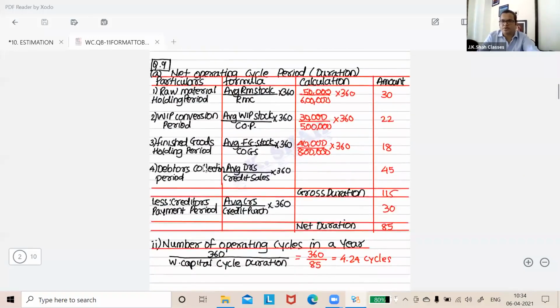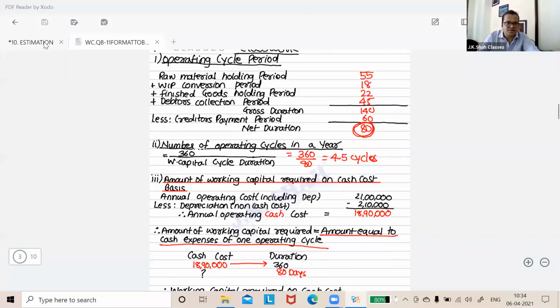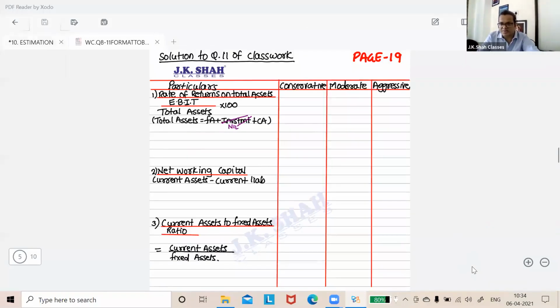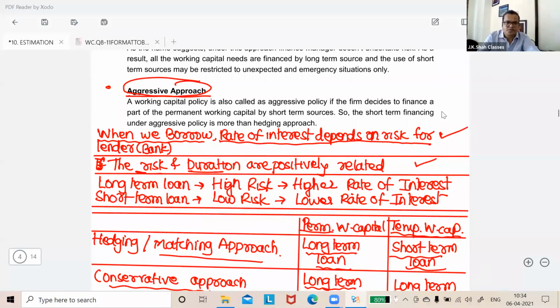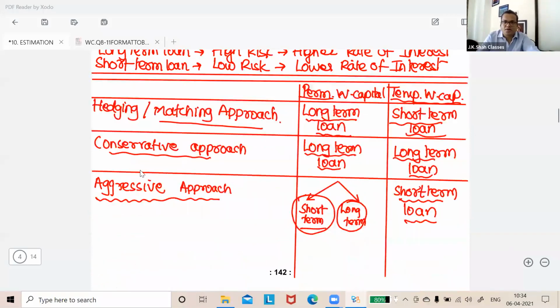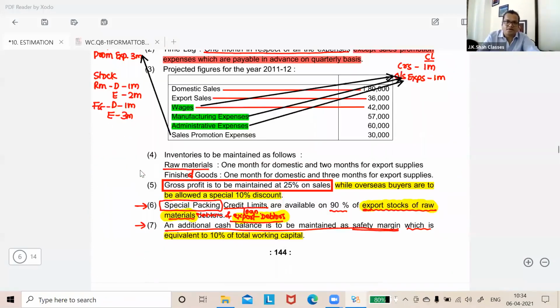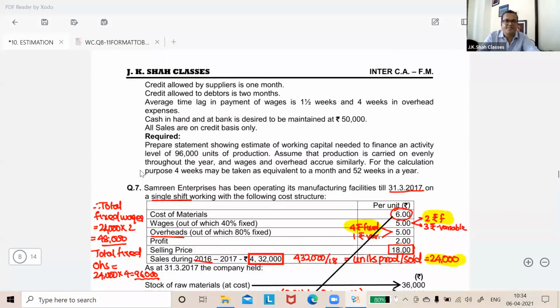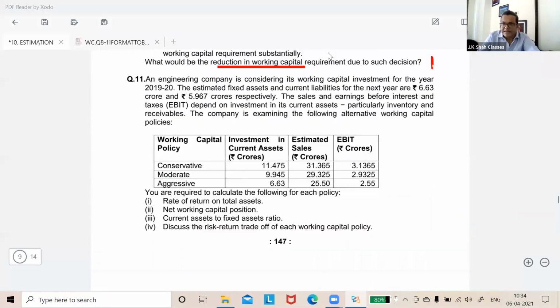Before we go into the solution, let's first go through the question at least. Okay, let's read it.